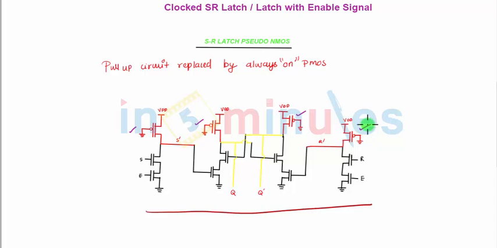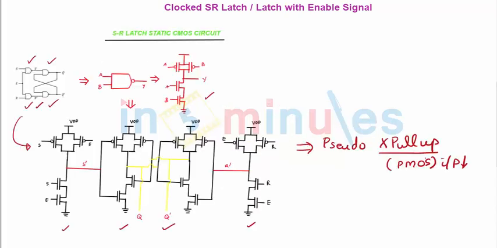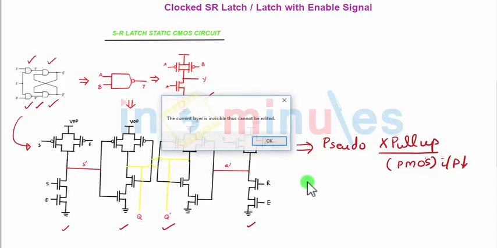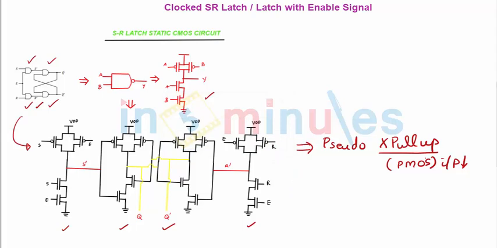Now we will go ahead and make this in dynamic style. What do we know in dynamic style which is different from static style? Below there will be a pull down NMOS transistor connected in series.